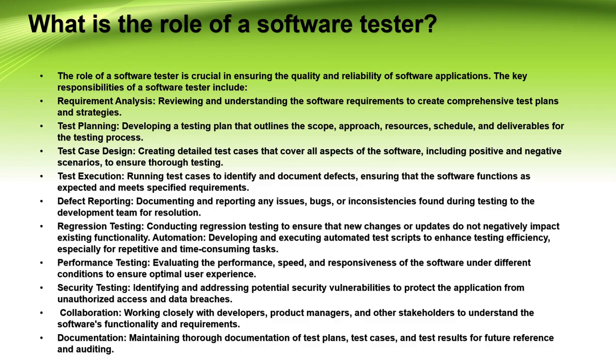Developing and executing automated test scripts to enhance testing efficiency, especially for repetitive and time consuming tasks. Okay. So, we write automated test scripts to enhance testing efficiency, especially for repetitive and time consuming tasks.